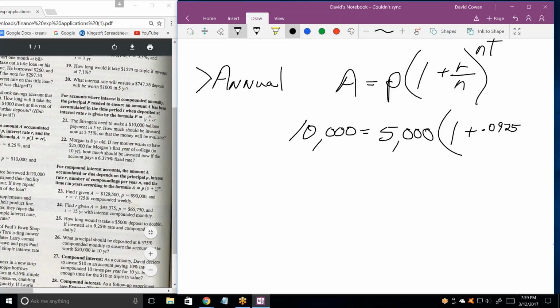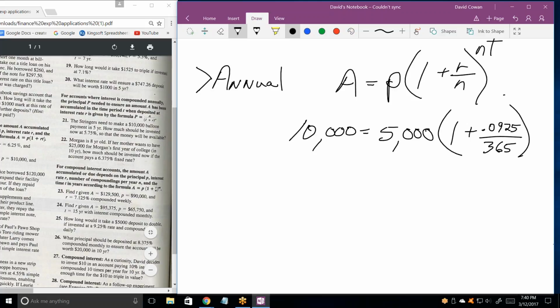Always got to convert it to a decimal. What is n? 2? N is the number of times per year that it's compounded. Read the whole sentence. Daily, so 365. Yes. Okay.